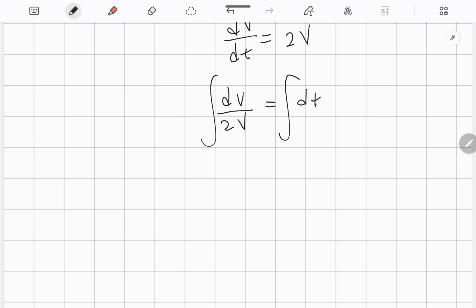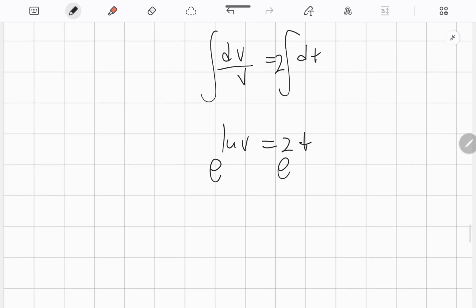And if I integrate here, let me take 2 to the other side because it's simpler this side. And then I'll have ln v is equal to 2t, right? Remember, I'm trying to solve for v. Then I can put them as powers of e, both of them.